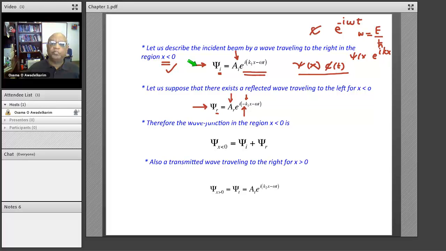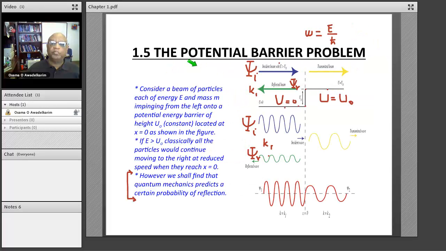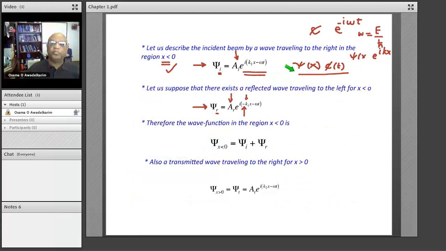So the reflected wave actually moves from right to left, and the incident wave moves from left to right. That is why we get a minus sign here. The energy is again represented by omega. Remember, omega is E over h bar. Again, on the left-hand side, the energy is E for the particles. So this is the reflected wave.